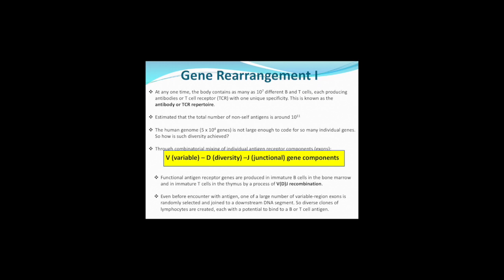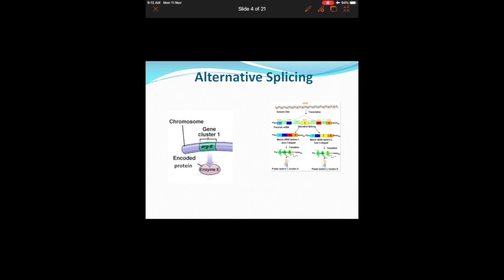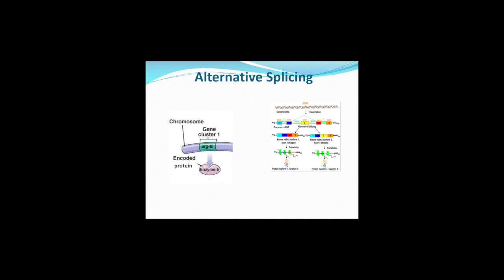Remember from your molecular medicine that through the central dogma you have a gene which provides the information for transcription to code for a functional messenger RNA. Now this is the simple one gene, one protein hypothesis.